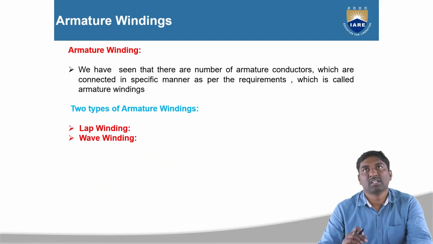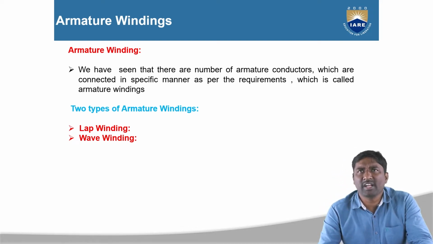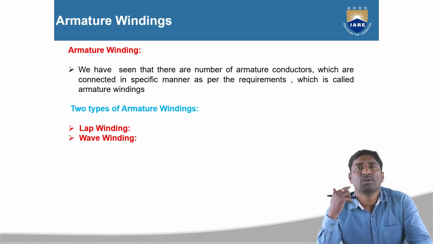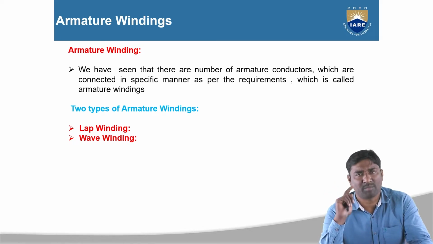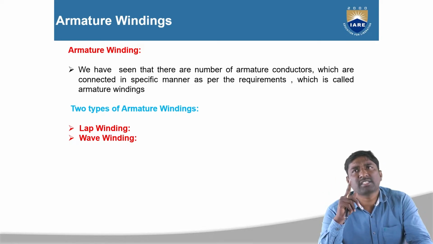Next, armature winding. Coming to the construction of the DC machine, we have two types of windings: one is the armature winding, another is the field winding. An armature winding is a number of armature conductors connected in a specific manner as per our requirements.